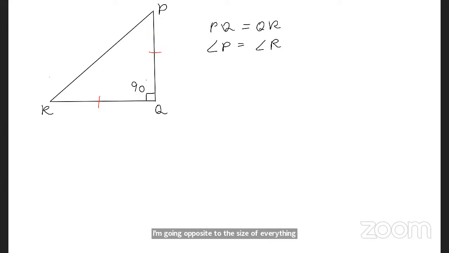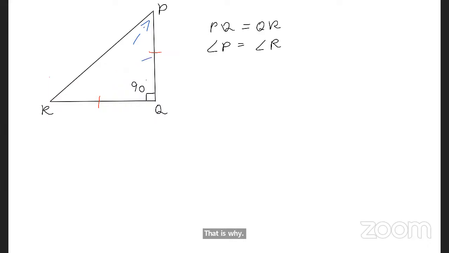I will quickly show you. See, what's the angle opposite to QR? Ma'am, P. This angle. What is the angle opposite to PQ? R. Yes, this angle. That is why P and R are equal.